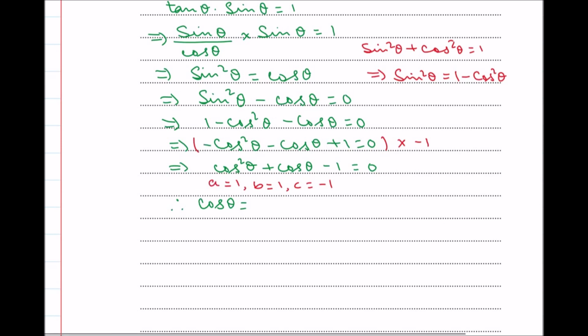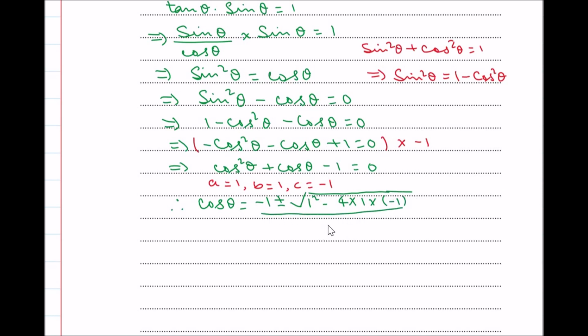So let's substitute: minus B, so minus 1, plus minus root under B square, so 1 square minus 4A, A is 1, C is minus 1, so minus 1, and divide by 2A, 2 into 1, 2 only.